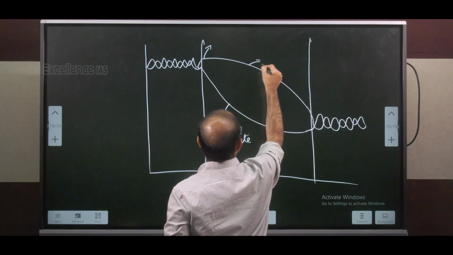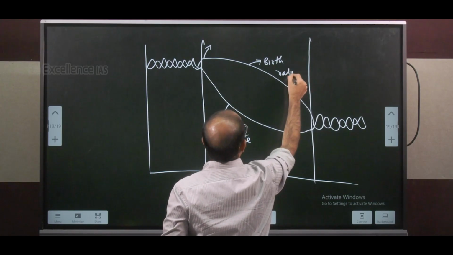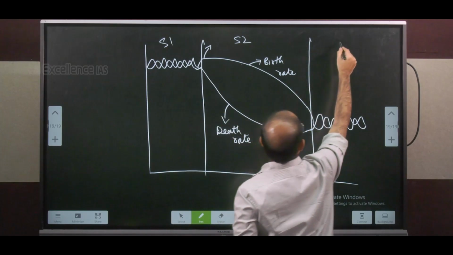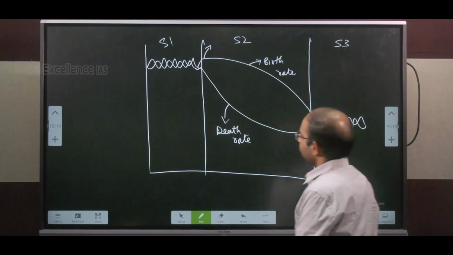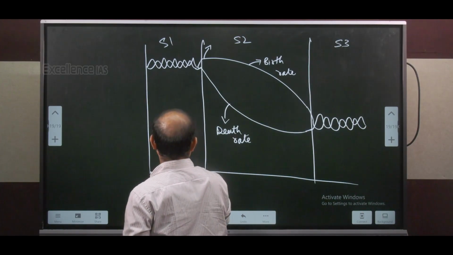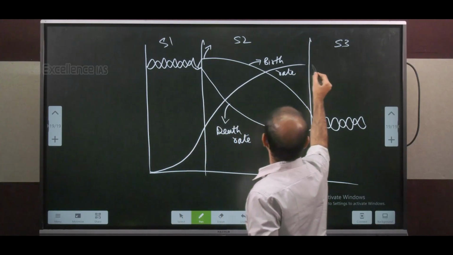This is birth rate. This is stage 1, stage 2 and stage 3. And then show also how the overall population is growing. Here population is more or less stable, and then here it reaches a level and stabilizes.